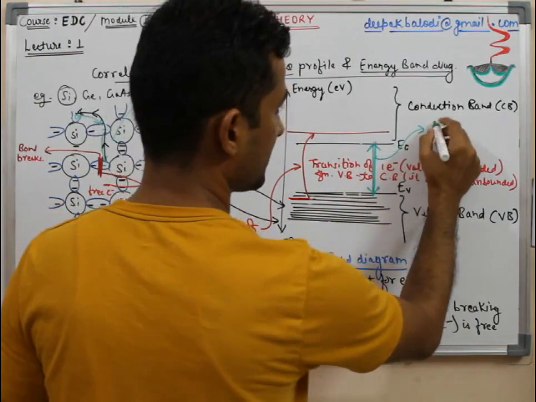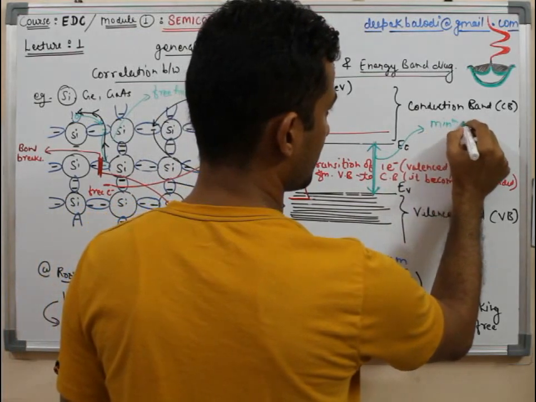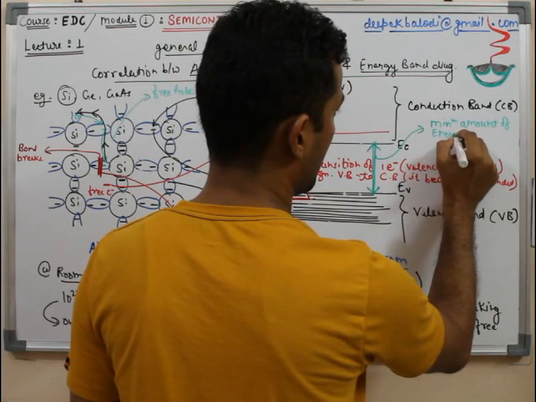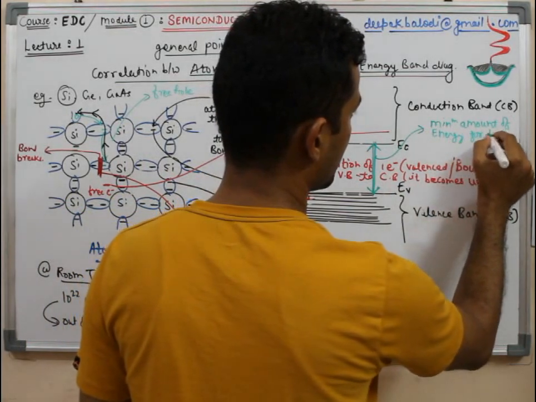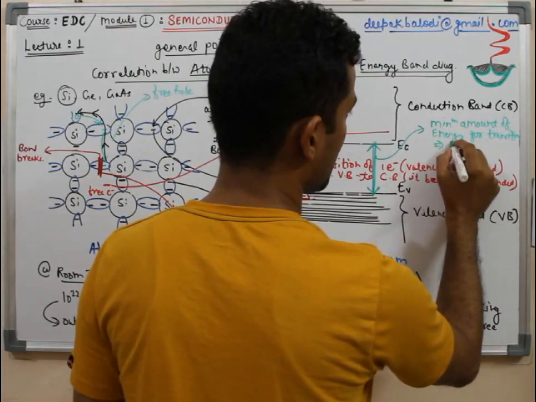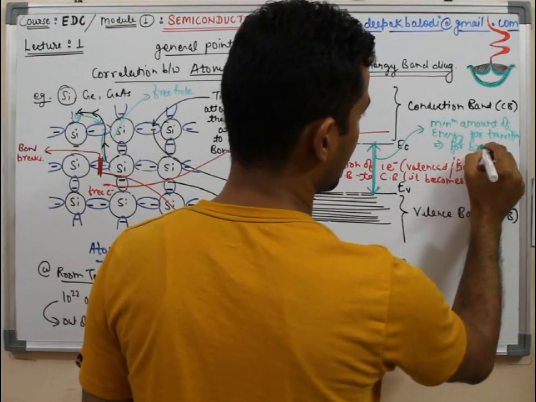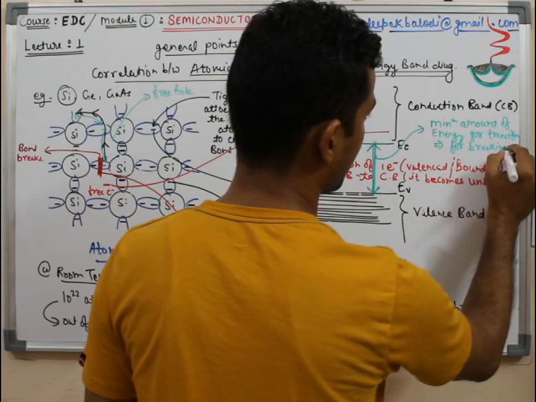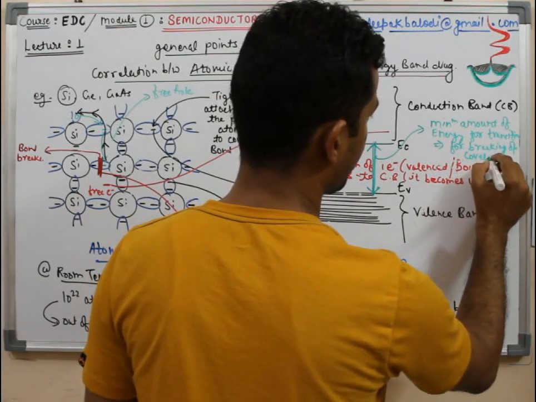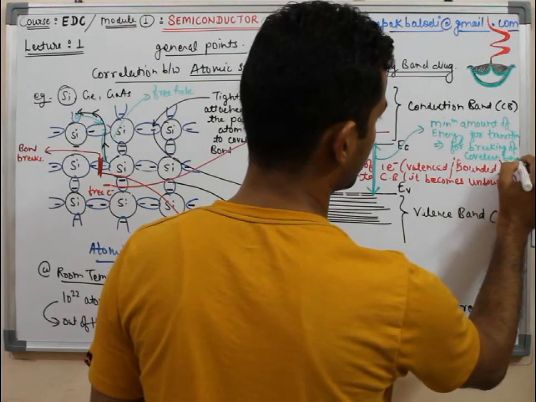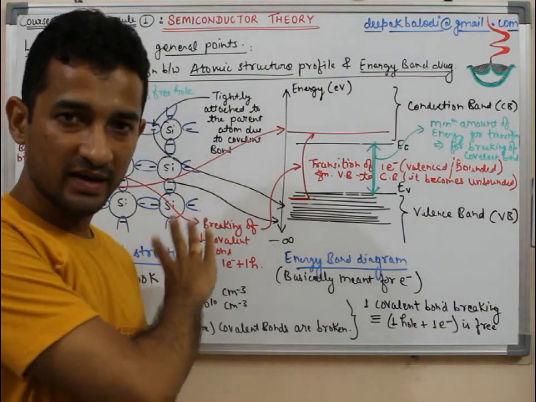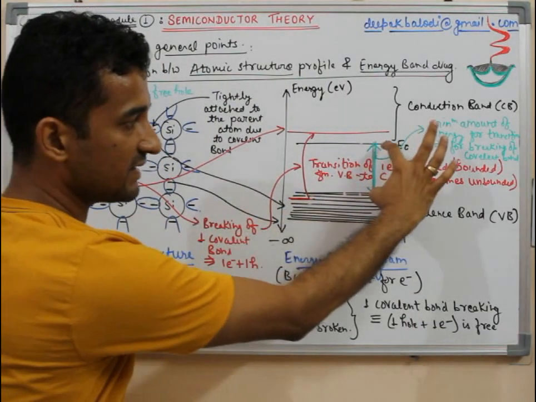So this is the minimum amount of energy for transition, and transition means breaking of covalent bond. If you want to get a covalent bond breaking here, then you need to supply at least this.